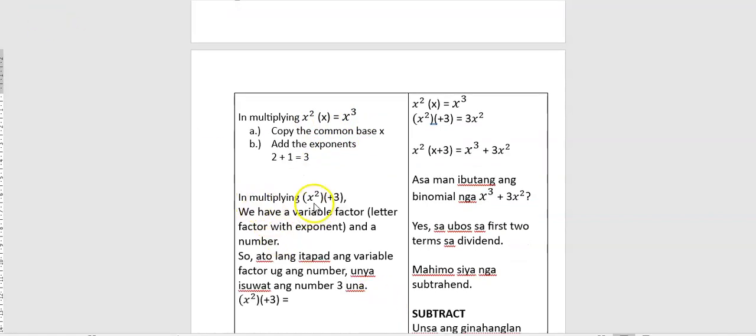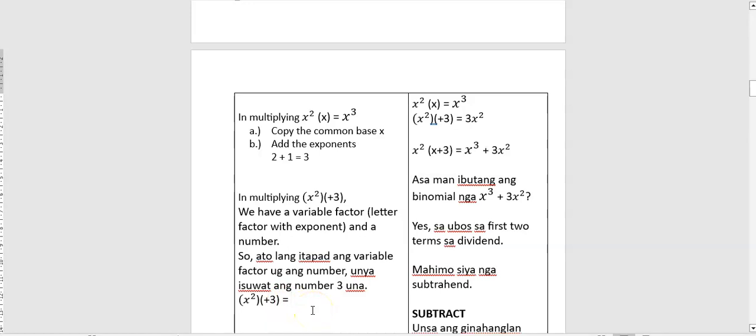In multiplying the variable factor x squared times the number positive 3, we have a variable factor x squared, a letter with an exponent, and a number. So if that is the question or the given, we just place the variable factor and the number side by side. And then, write the number 3 first. So we place these two factors side by side, so there is no parenthesis.